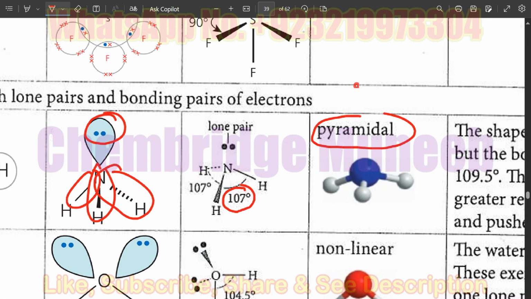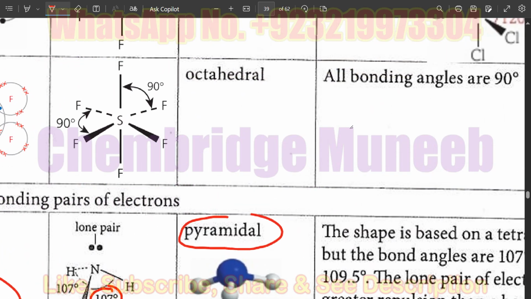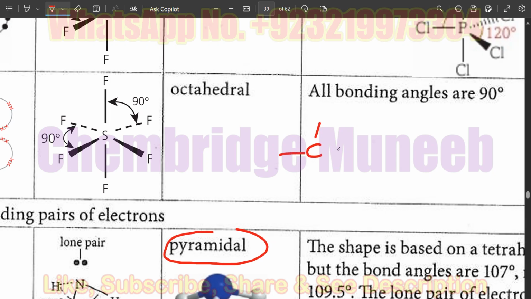If we compare it with the tetrahedral shape in which there were all of them as bonding pairs, the angle was 109.5 degree. But because of the presence of a lone pair at one of these 4, that lone pair has basically repelled the bonding pairs to a greater extent.